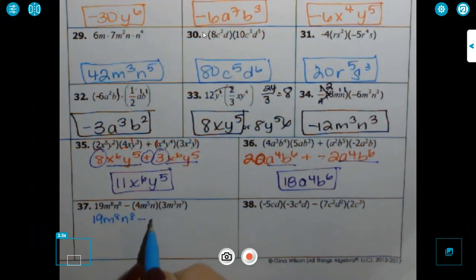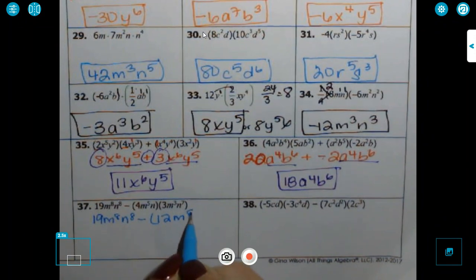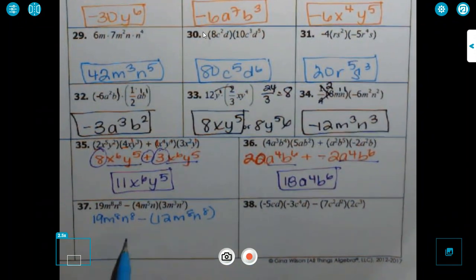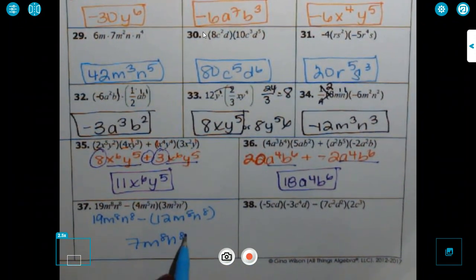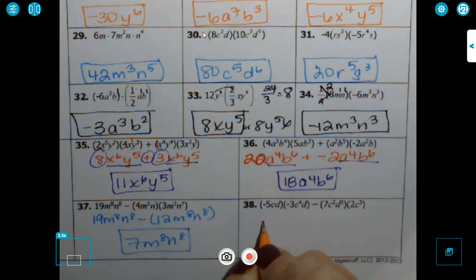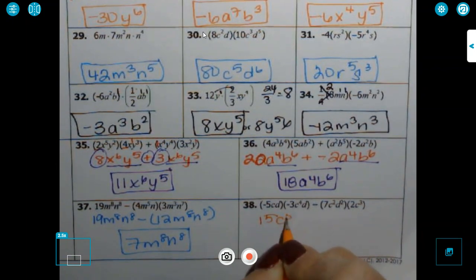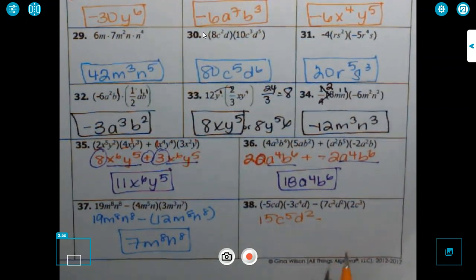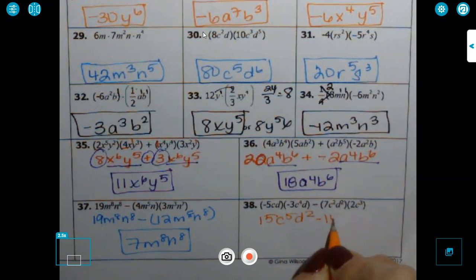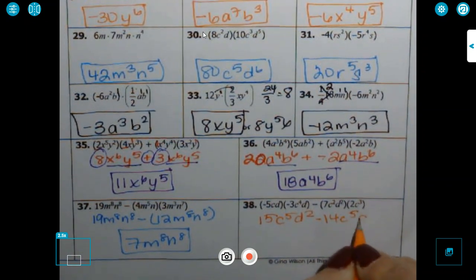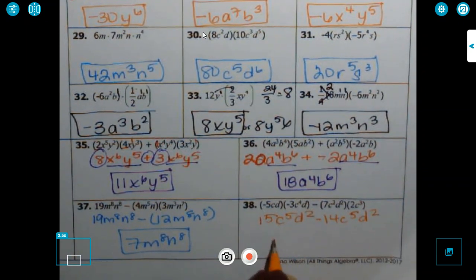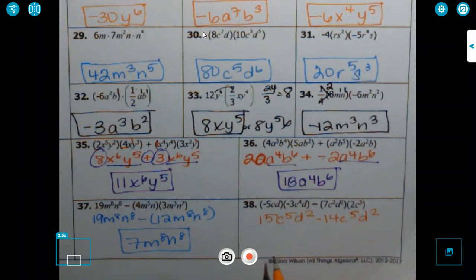This one's going to become 12 M8 N8. So 19 minus 12 is 7 M8 N8. And then the last one over here, this becomes positive 15 C5 D2 minus 14 C5 D2, and 15 minus 14 is 1 C5 D2.